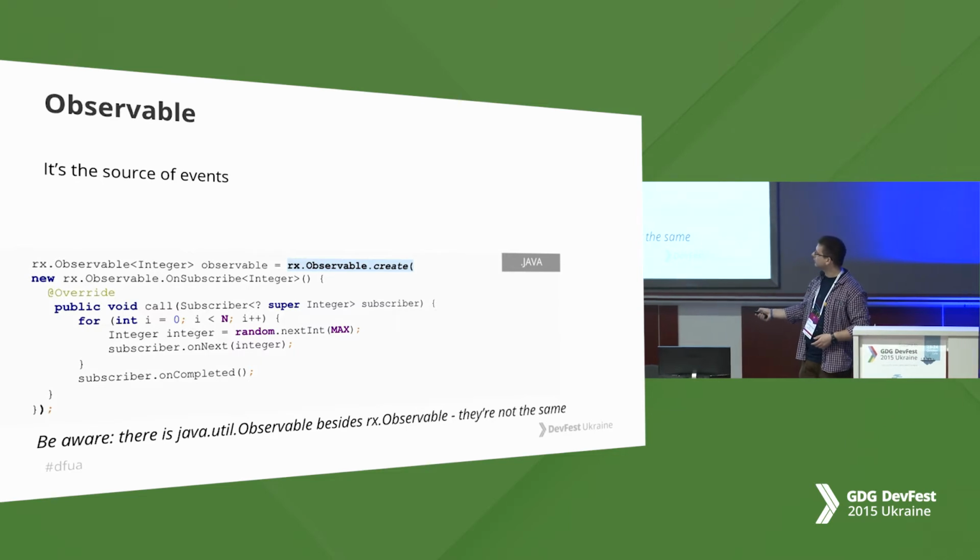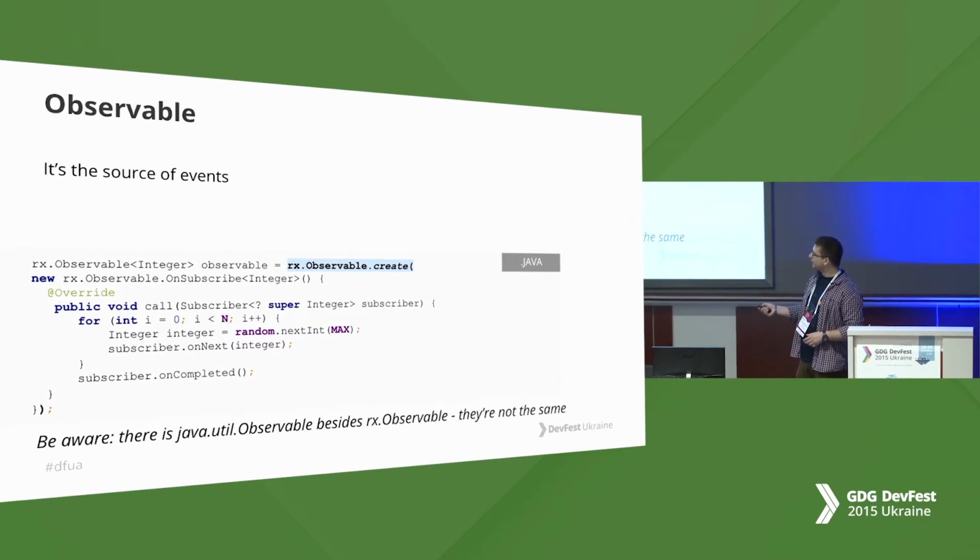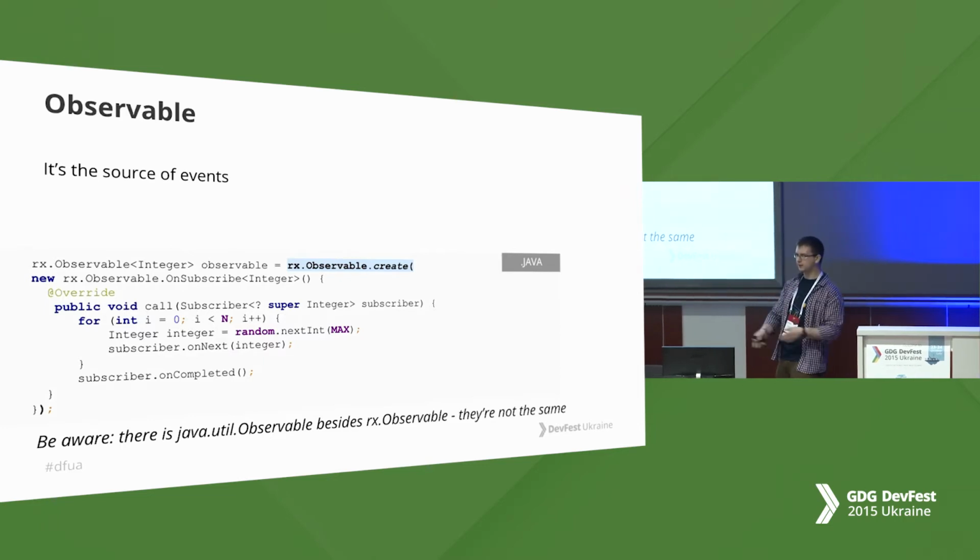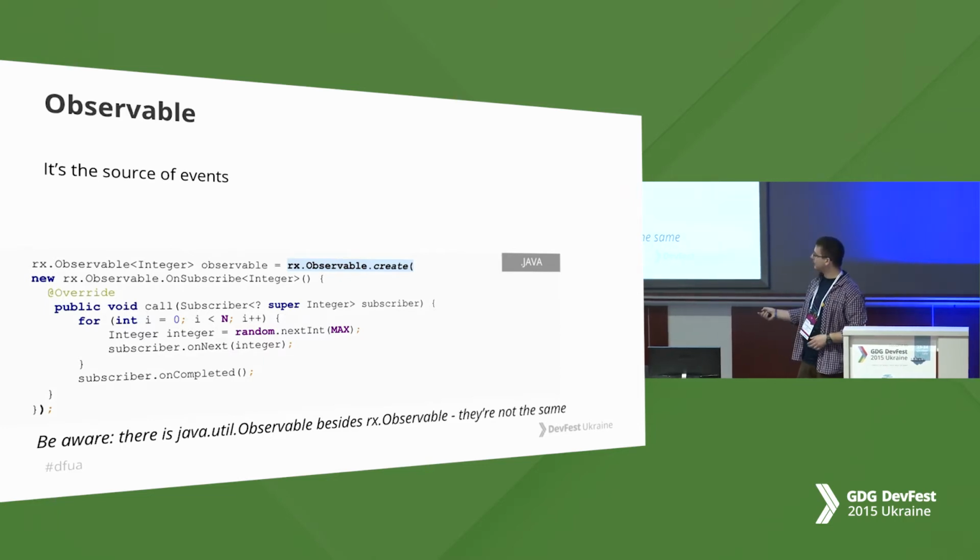For example, onNext. Here, the subscriber we just receive, at the moment of subscription, and give him data: onNext, onCompleted, or onError. We will see it later. So onNext means that we generate some event and say, here the next event comes. Let's go next. onCompleted says that the stream is completed.